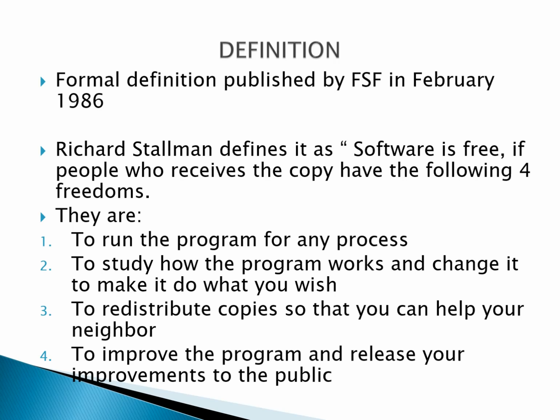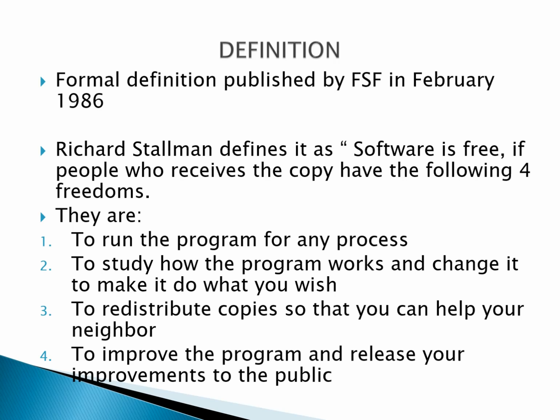Now we have a formal definition given by Richard Stallman, and this was published by the FSF, Free Software Foundation, in February 1986. Richard Stallman wanted to give a proper idea and orientation to the whole idea of free software.